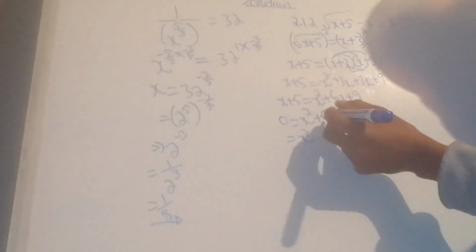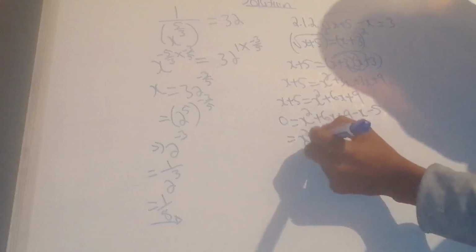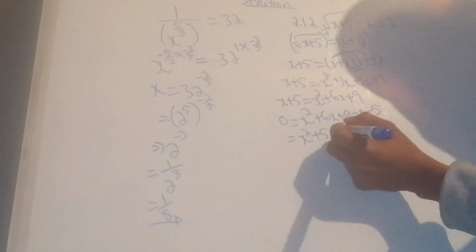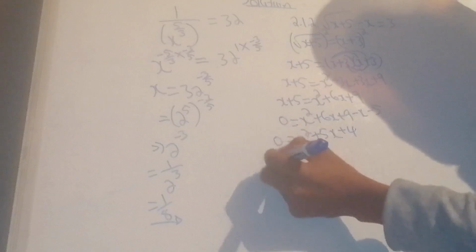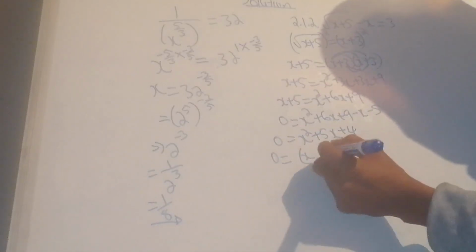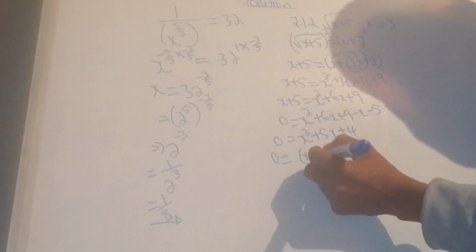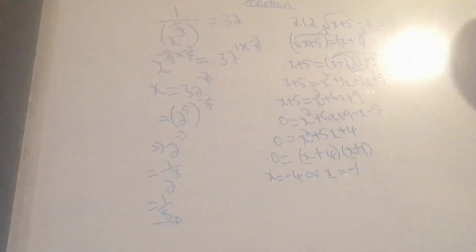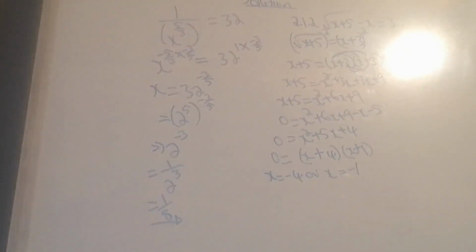My x squared plus 6x minus x is 5x, and 9 minus 5 is 4. Factors of 4 that add to 5: 4 and 1. The bigger number takes the sign of the middle term. x equals minus 4 or x equals minus 1. And you are done.